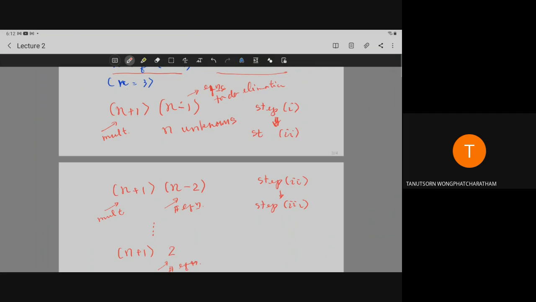We fix the first equation, but for the remaining n-1 equations, we try to eliminate one unknown. In our example, this unknown is x.